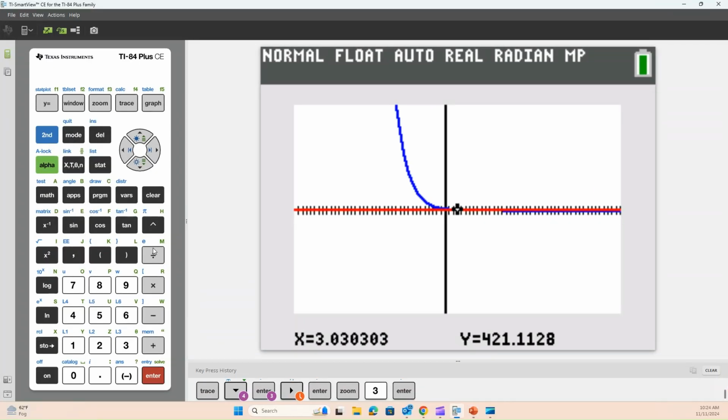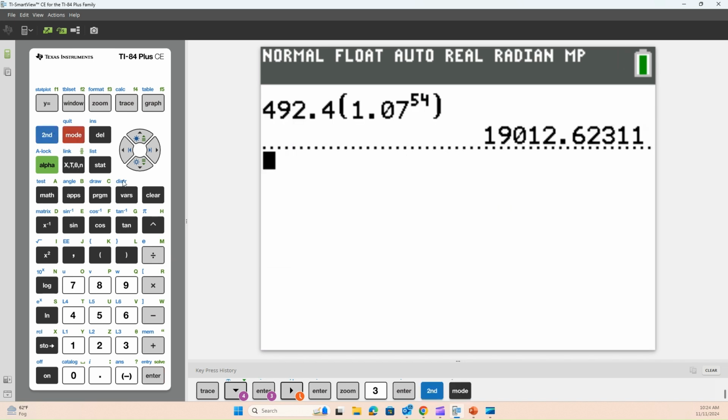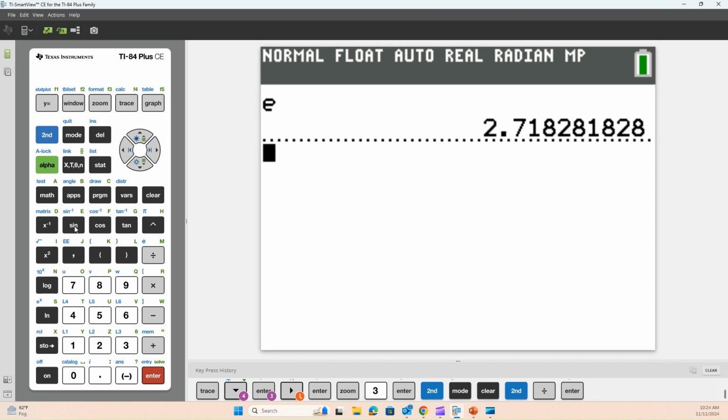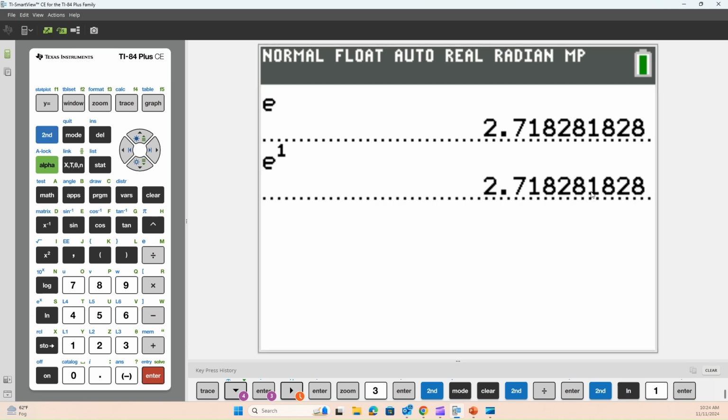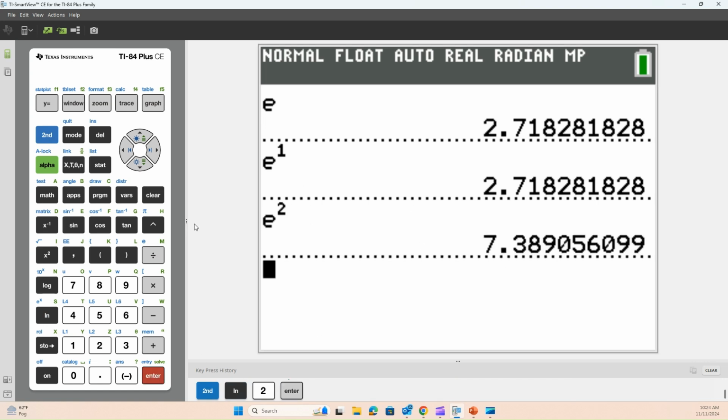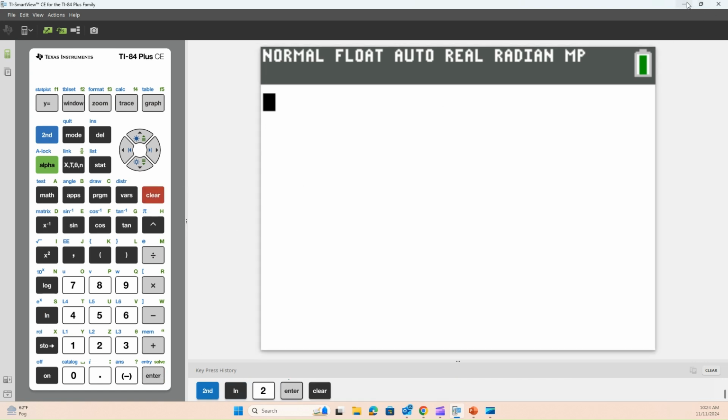If you want to use the direct e button, it's located above the divide key, so you do second divide and it gives you the decimal approximation. If you want to use the e raised to an exponent button, you can do that as well. e raised to the first is the same thing as e, which is 2.718281828. You can also use the exponent button to plug in other values to get other exponentials.